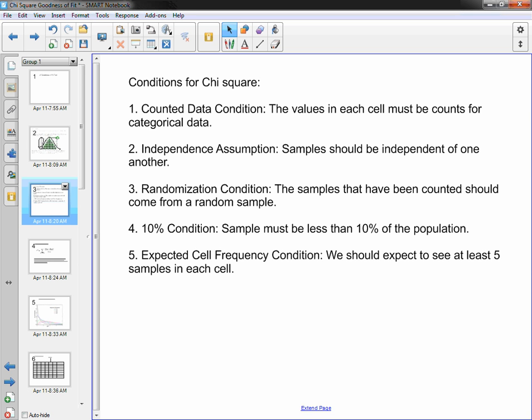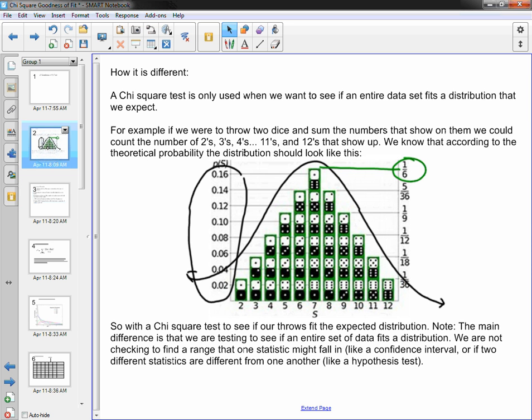We'll say if the null hypothesis was true, if the distribution was really supposed to look like this right here, what is the probability that if we threw fair dice, we would get something that looked like this, or let's make it even more extreme. What's the probability if we were throwing fair dice that you would get something that looked like that?